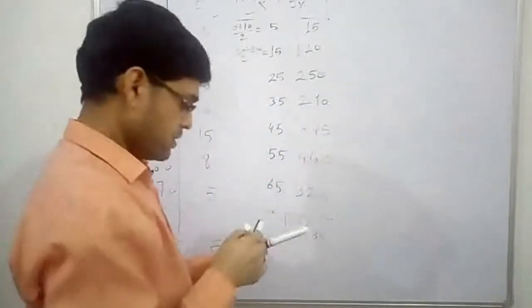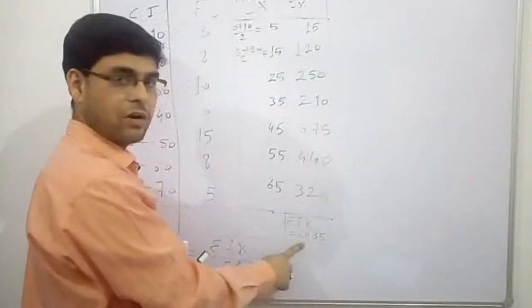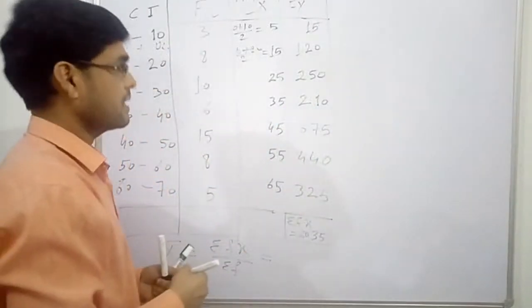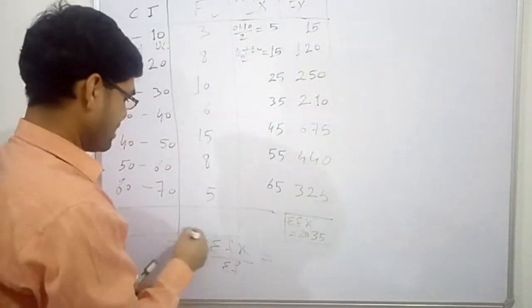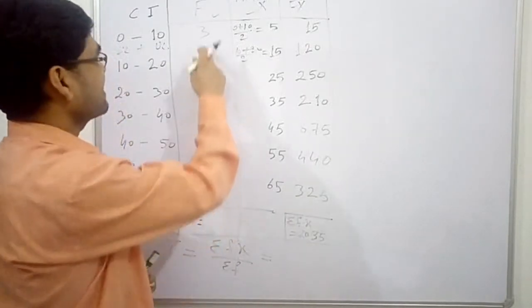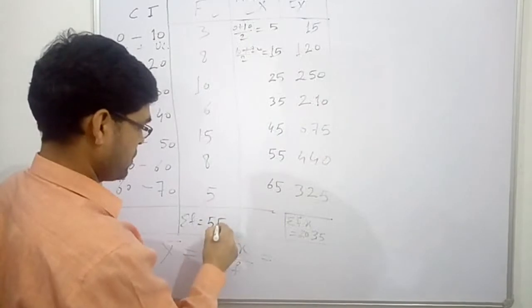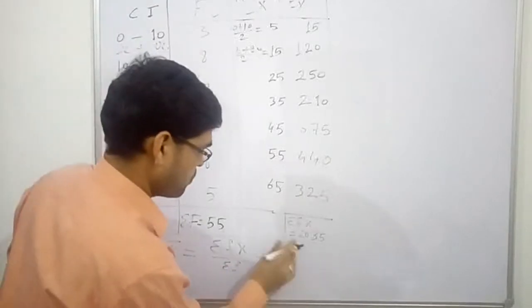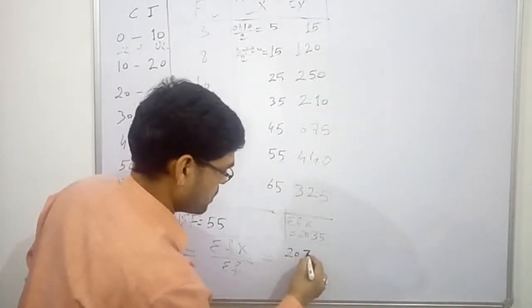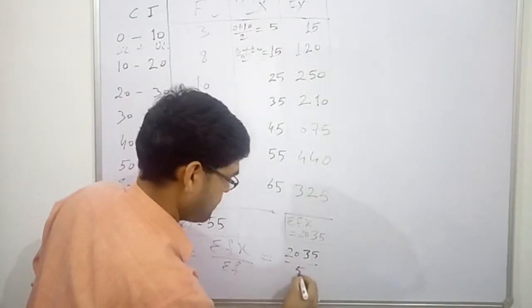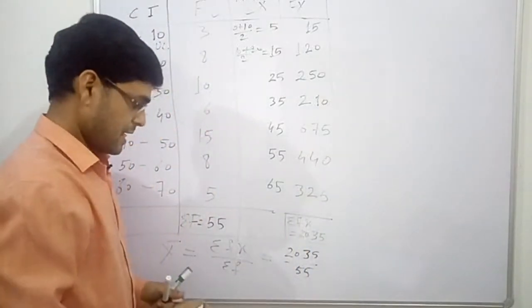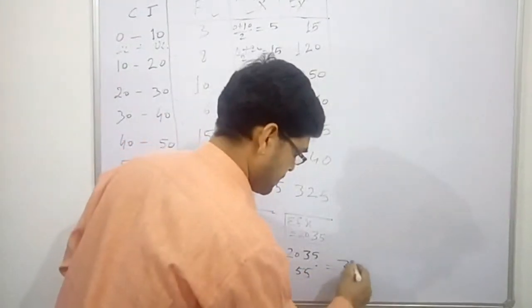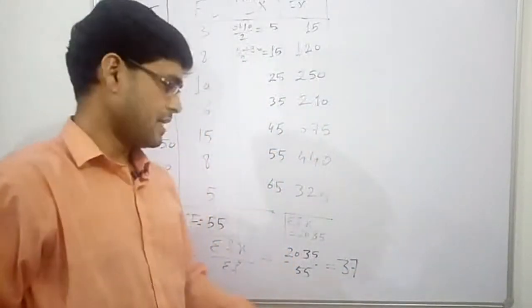And sigma f, the total of the frequencies, is 55. Putting these values in the formula, you get 2035 by 55, which gives 37. So your mean becomes 37.